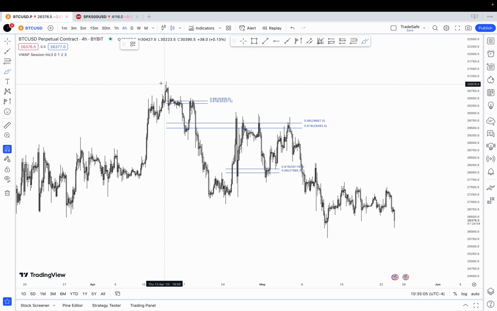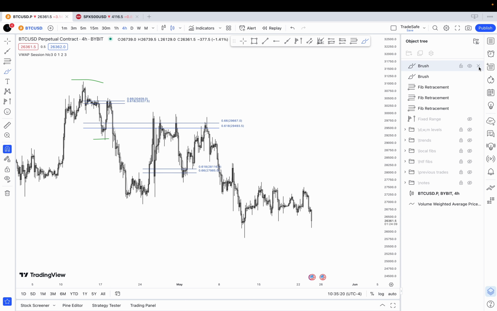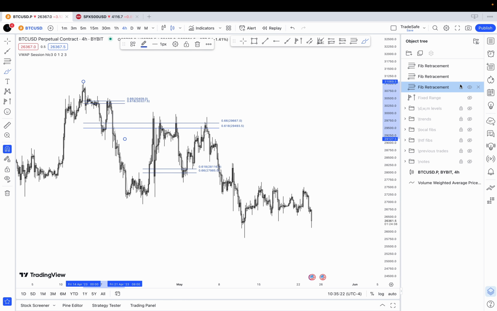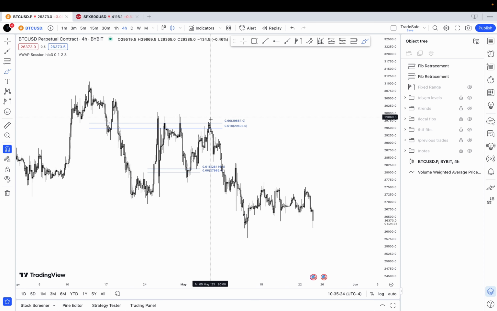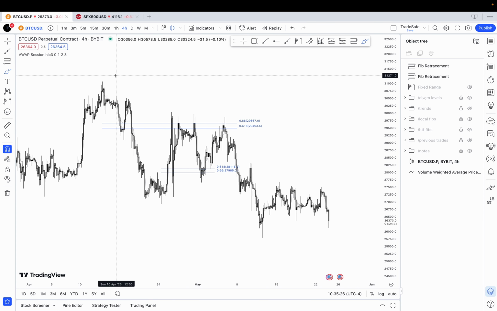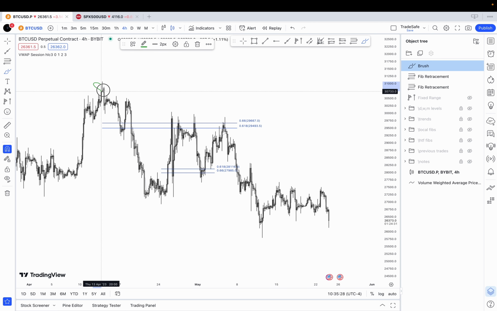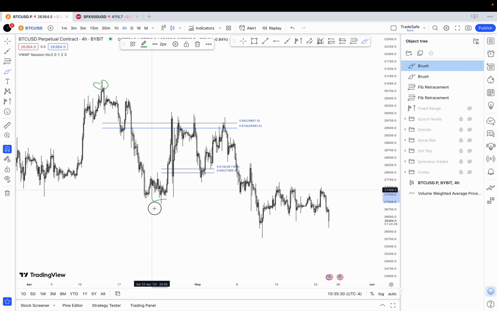So until this high or the low that you pulled it from is actually taken, this CC is still valid. As it did take this low, this Fibonacci is no longer valid, and we can get rid of that. And then what we got here is this pull from this high to this low, giving us this level right here.